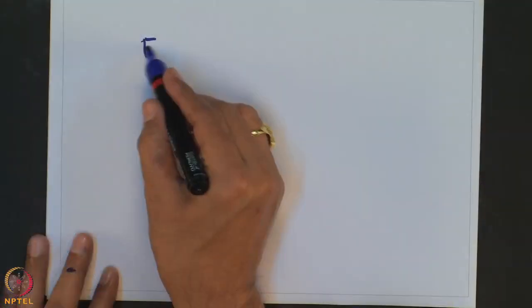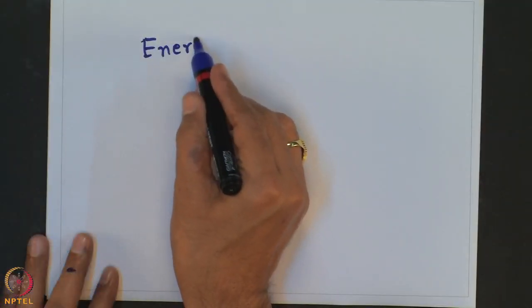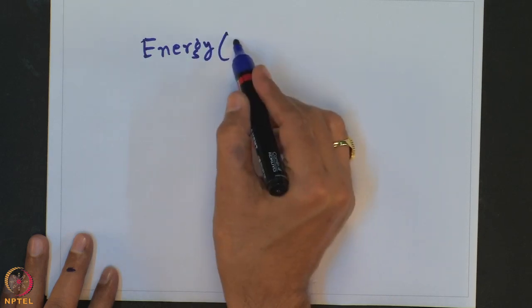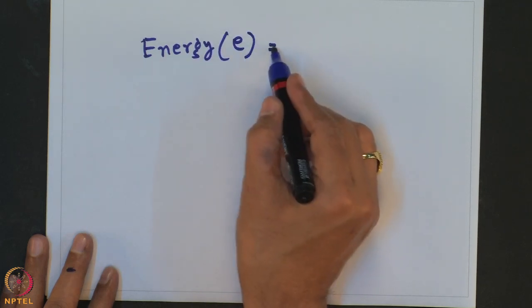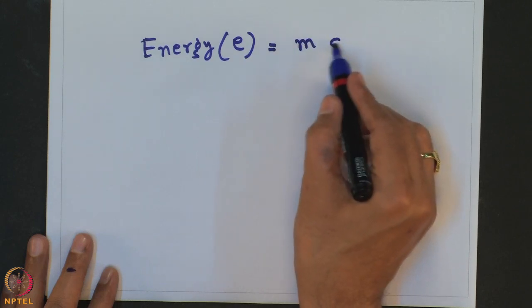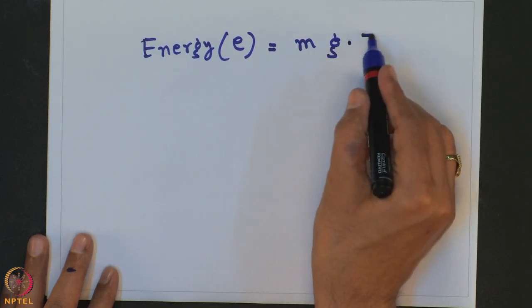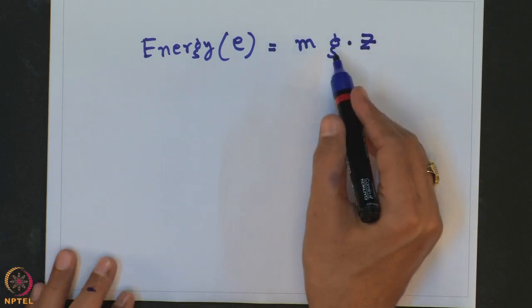So, this gravitational energy can be designated as E. So, E will be equal to m g z. E will be equal to m into g into z.